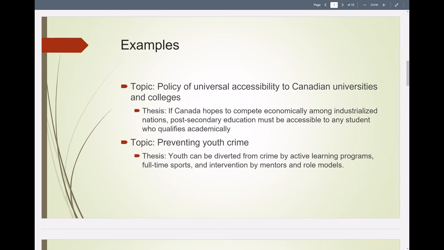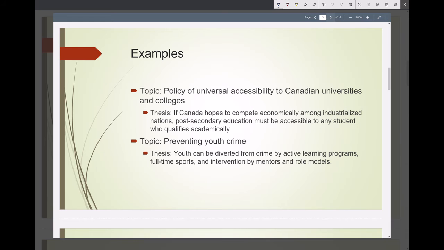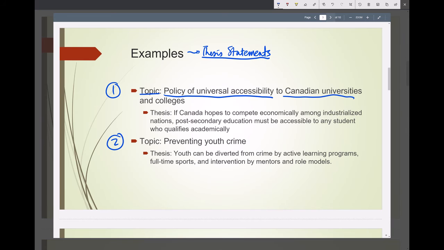So let's look at some examples of thesis statements. Here we have two, 1 and 2. We have two different topics here. So these are examples of thesis statements. Okay. The first topic, it's about the policy of universal accessibility to Canadian universities and colleges.